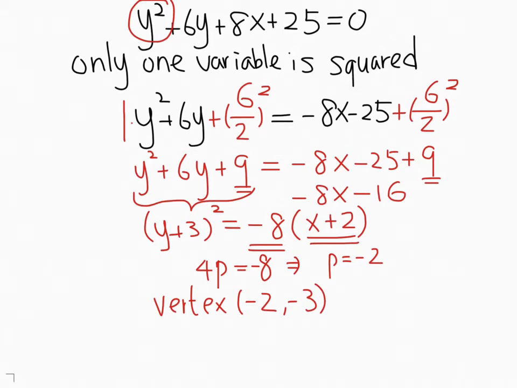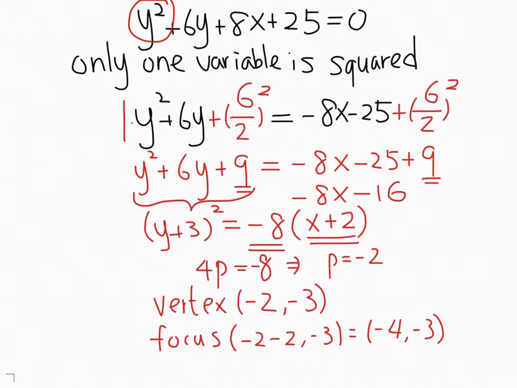Where's our focus going to be? Since it's opening left, it's going to change our x values. So we have negative 2 minus 2. The focus is always inside the parabola, which gives us the focus located at negative 4, negative 3.